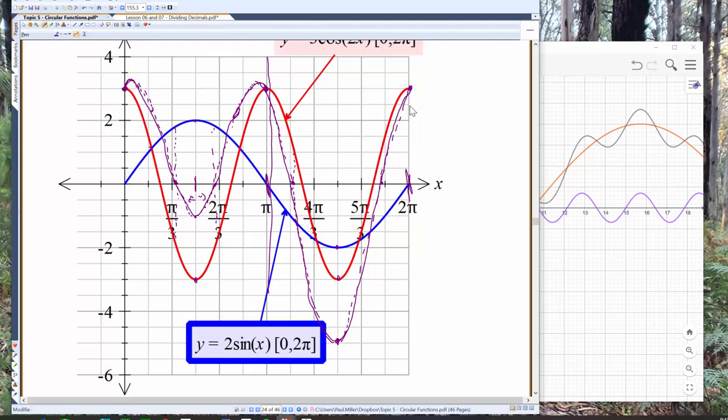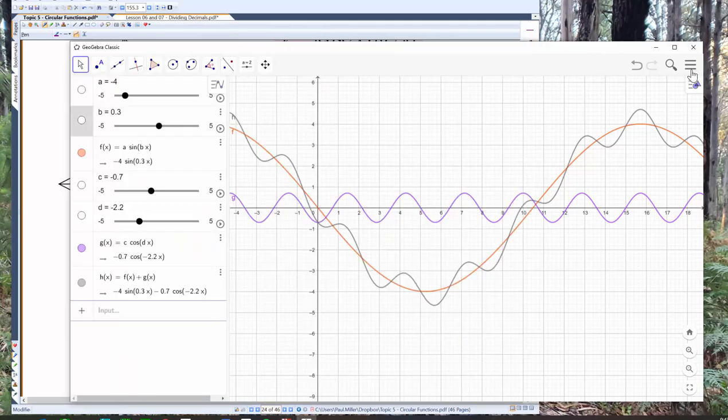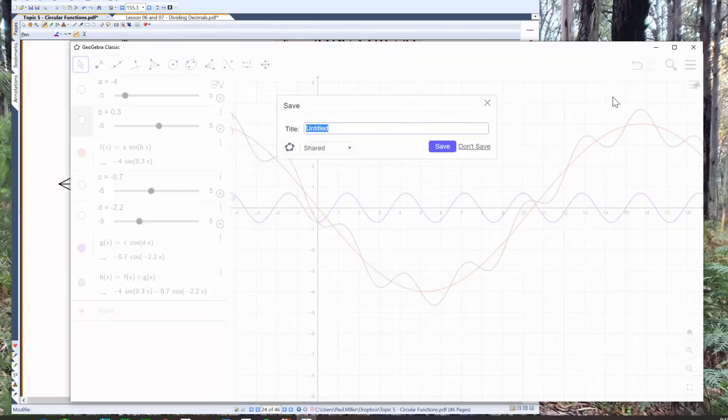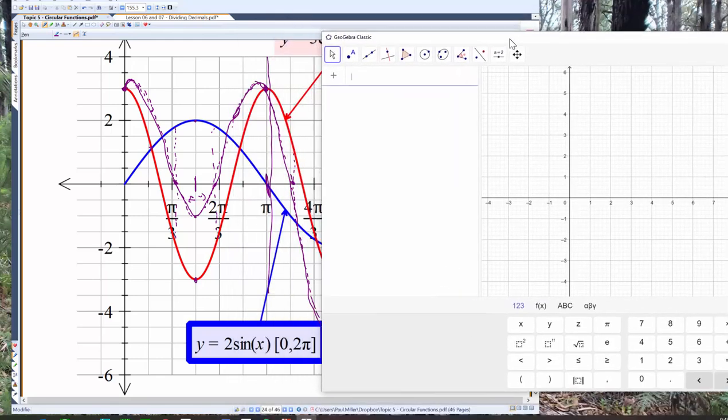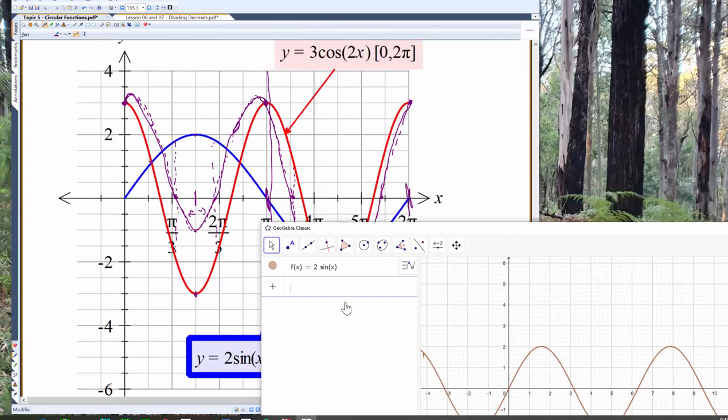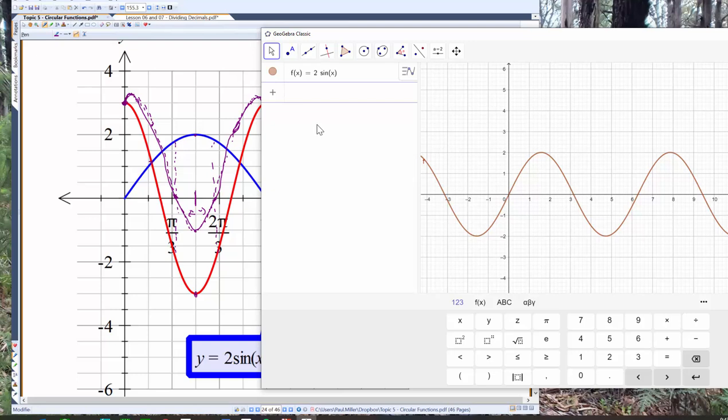Let's just see what GeoGebra says. Our first graph is f of x equals 2 times sine of x. The other one was 3 cos 2x.